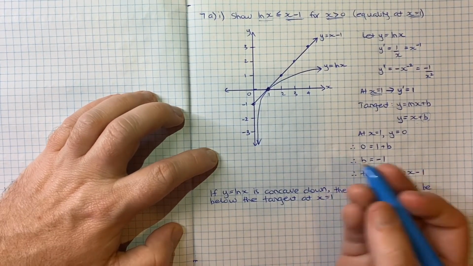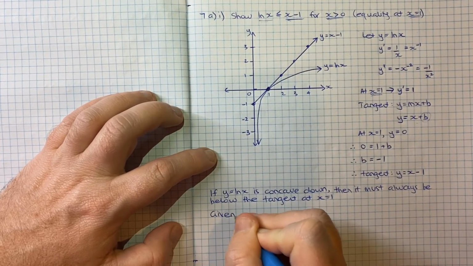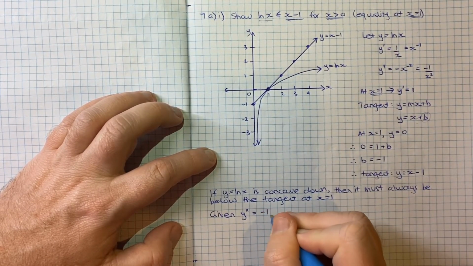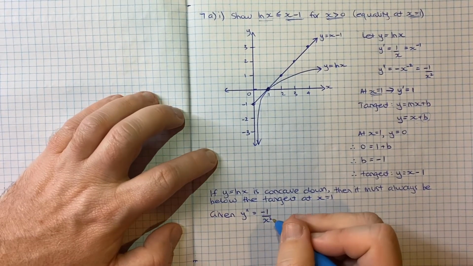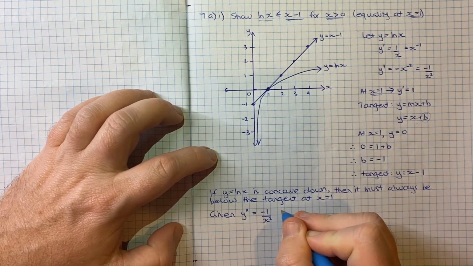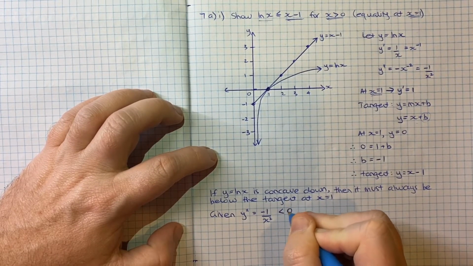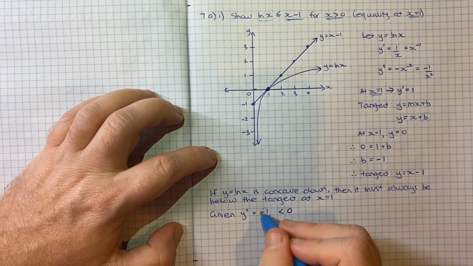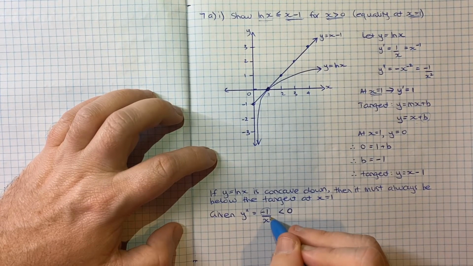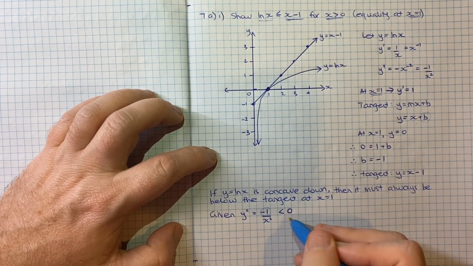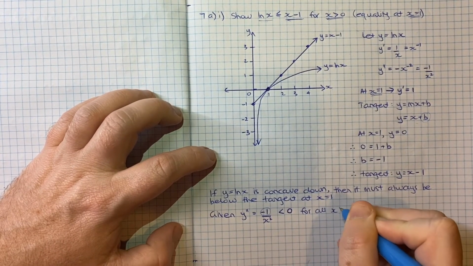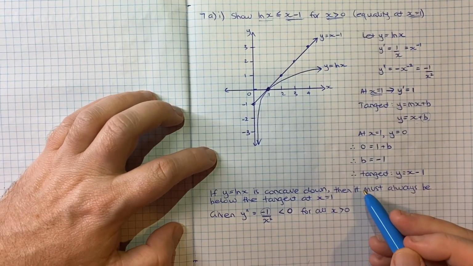And then from there you could say, given our y double dash, which we worked out is equal to -1 on x squared, that's always going to be less than 0, because you've got -1 in the numerator, and no matter what x you pick, x squared is going to be positive, and so -1 on a positive number will stay negative, and that's going to be for all x greater than 0, the domain that we care about.